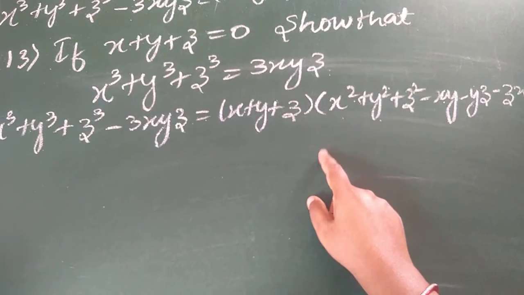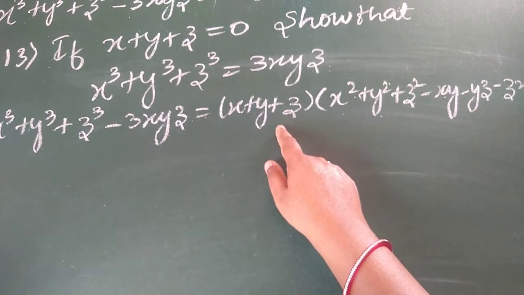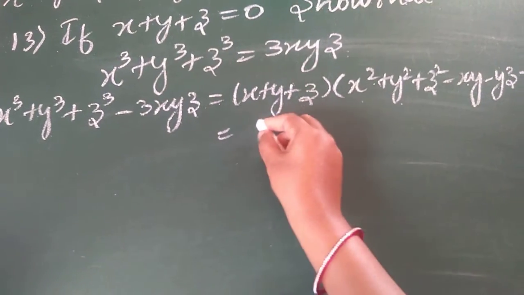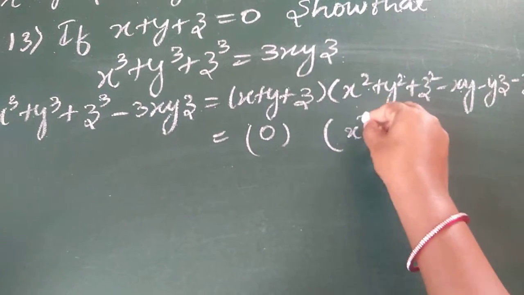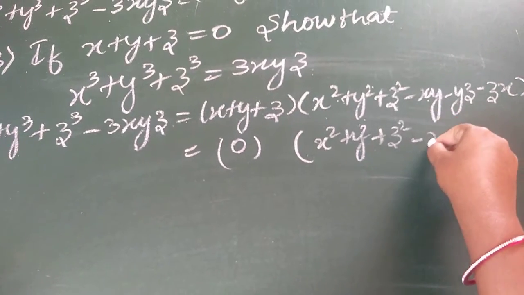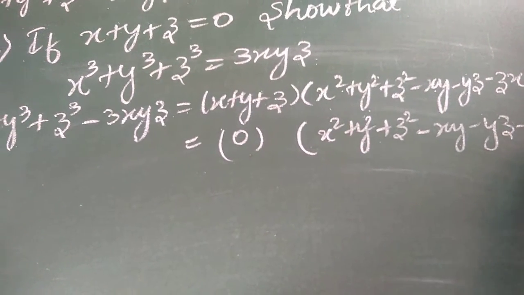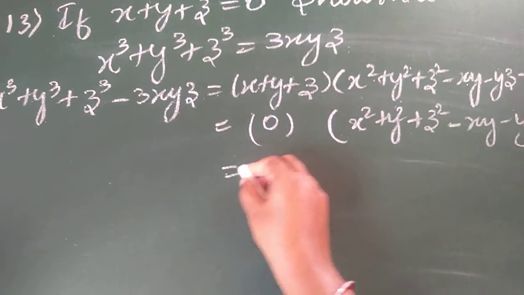So now I have first written my identity, children. Now I am going to substitute x plus y plus z as 0 on considering LHS. 0 into anything, that is x square plus y square plus z square minus xy minus yz minus zx as it is. So 0 into anything is 0.